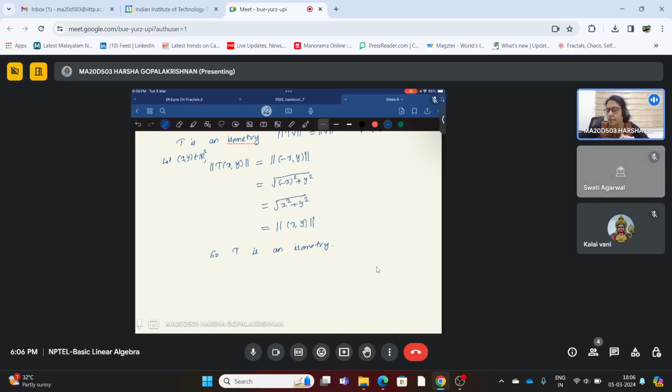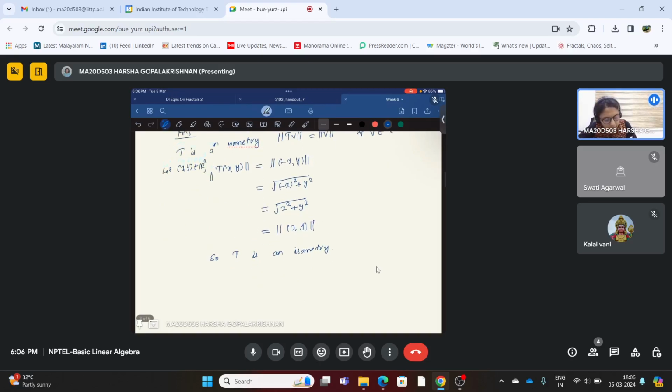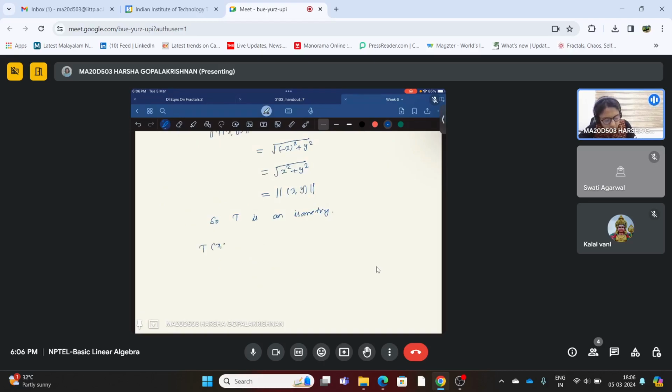Yes, ma'am. Okay. Actually, this is one way to find whether it is an isometry. We can also write T in matrix form. What is T of (x, y)? It is equal to (minus x, y). How can I write it in matrix form? I will write T of (1, 0) equal to (minus 1, 0). Correct?